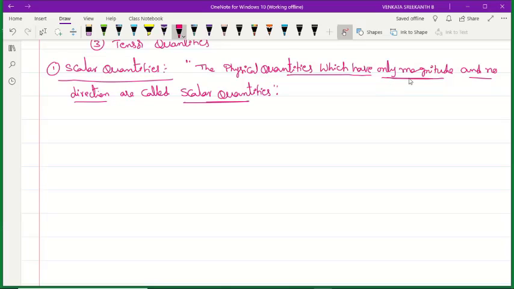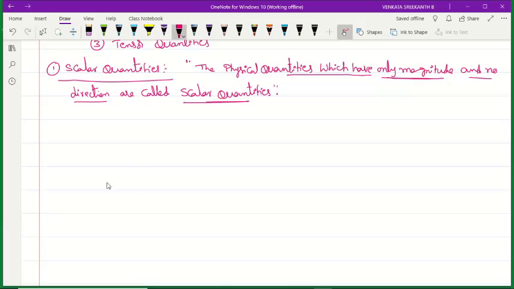Okay. Next point is, in these scalar quantities, if you want to understand, there are some rules. It is obeying some rules. What are those rules? We will discuss right now.